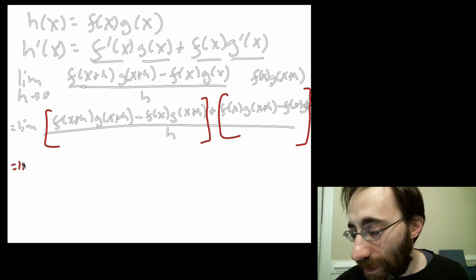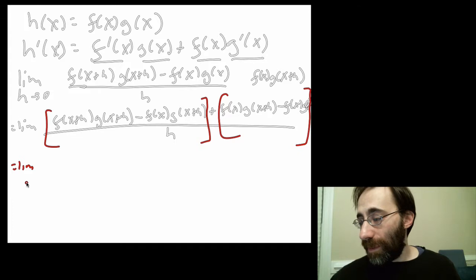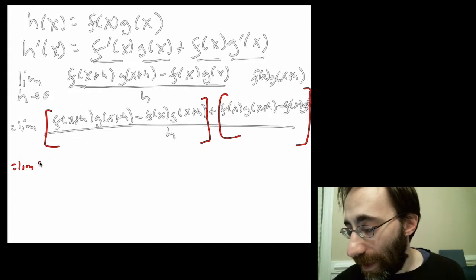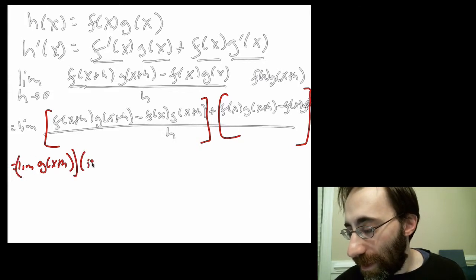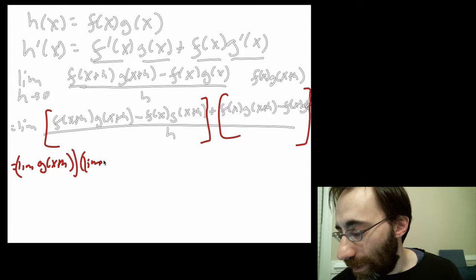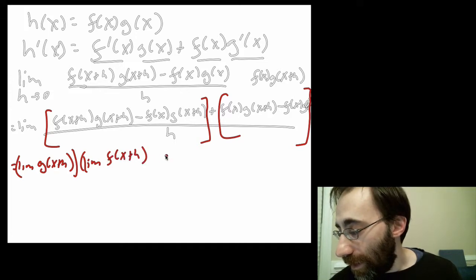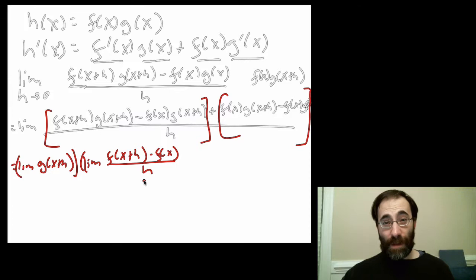So, first limit, we can pull out the common factor in the first one, and we get the limit of g of x plus h times the limit of f of x plus h minus f of x divided by h. All I do is pull out the common factor here.